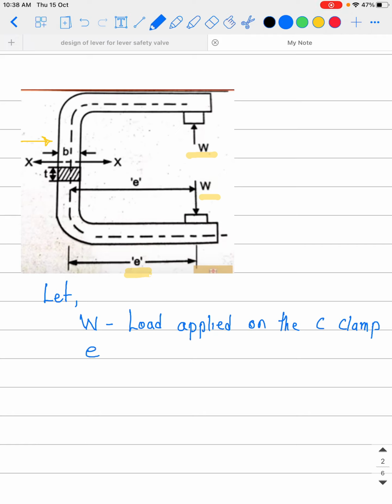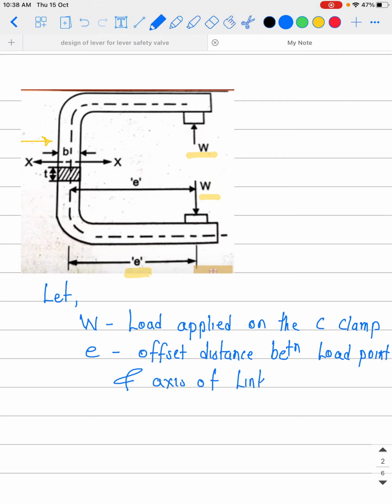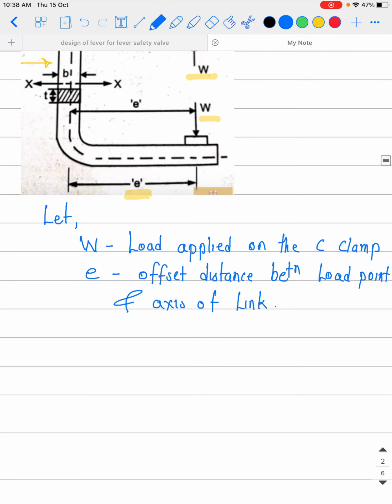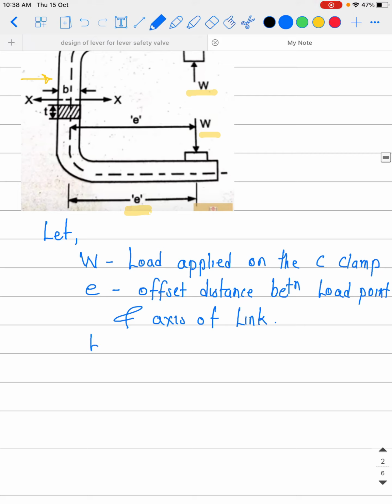E is the offset distance between the load point and the axis of the link, B is the width of the link, and T is the thickness.